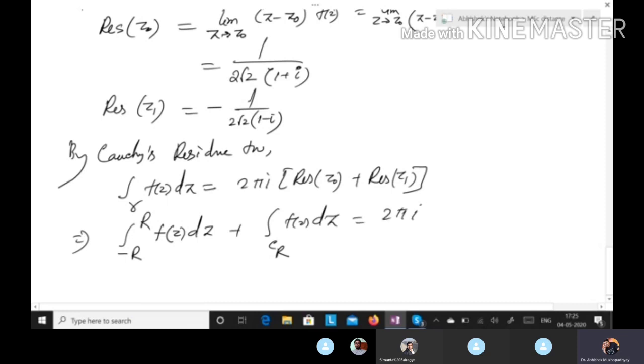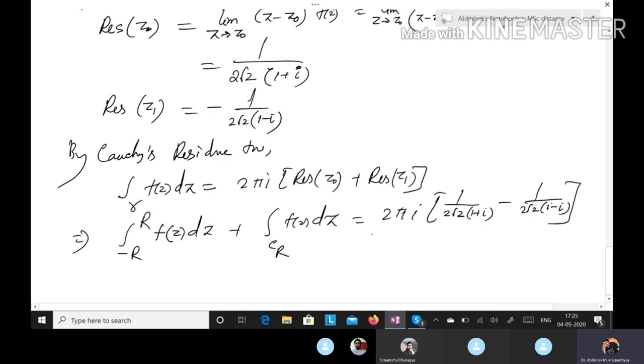If you calculate the sum, it will actually be 2 pi i times (1 by 2 root 2 (1 plus i) minus 1 by 2 root 2 (1 minus i)).